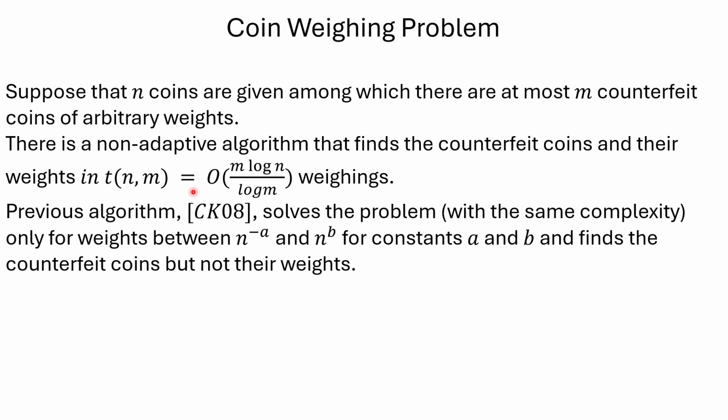There was a previous algorithm that could solve this problem with the same complexity, but only for weights between n to the power of minus a and n to the power of b for constants a and b, and it finds the counterfeit coins but not their weights. So we're going to find their weights too, and we don't restrict them to be between any two numbers. We give them freedom.